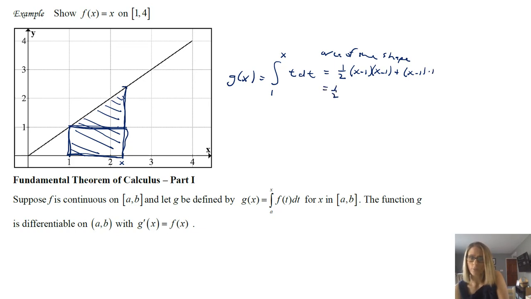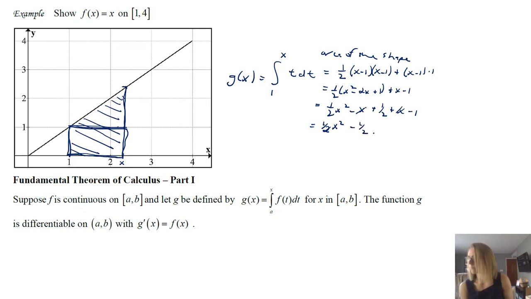So you can see we have 1/2 times x squared minus 2x plus 1, plus x minus 1. That's going to be 1/2 x squared minus x plus 1/2, plus x minus 1. Combining that, we have 1/2 x squared, our x's cancel, and we have minus 1/2.